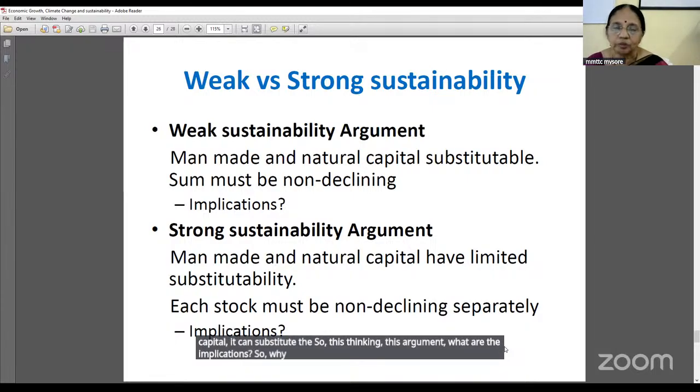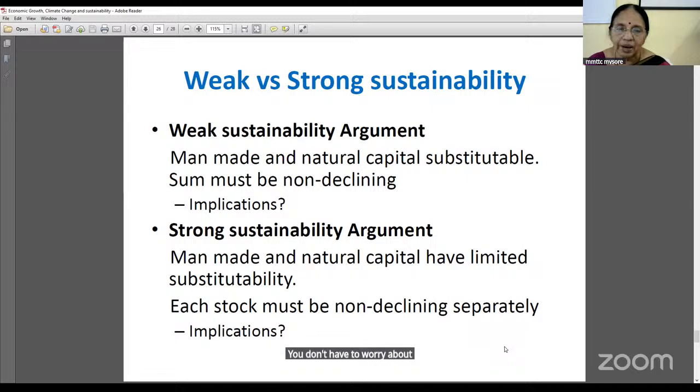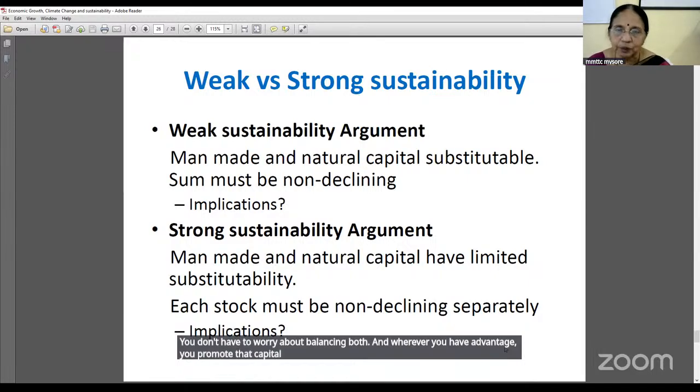We look at the arguments because they give some policy implications. Because these two are substitutable, you don't have to worry about balancing both. Wherever you have an advantage, you promote that capital, because promoting it will take care of sustainable development, as these two are completely substitutable.